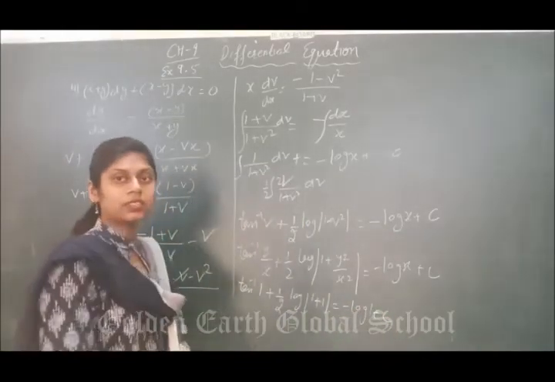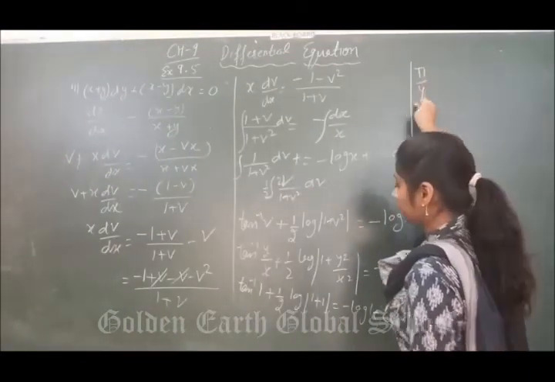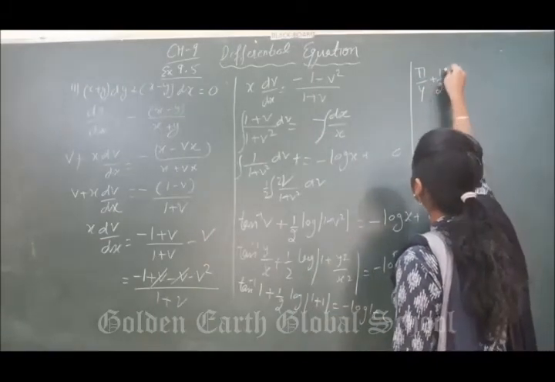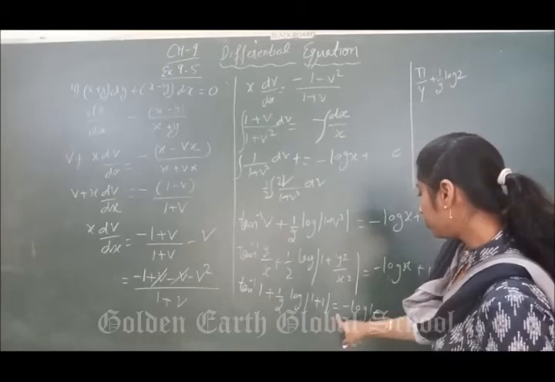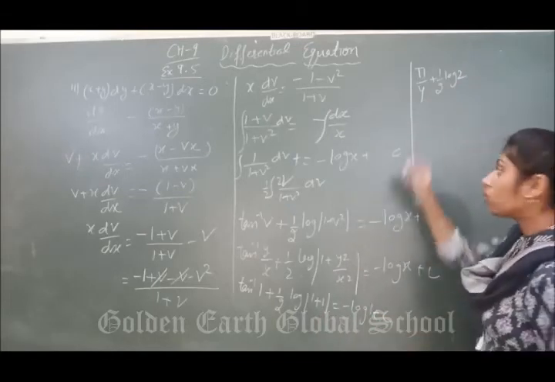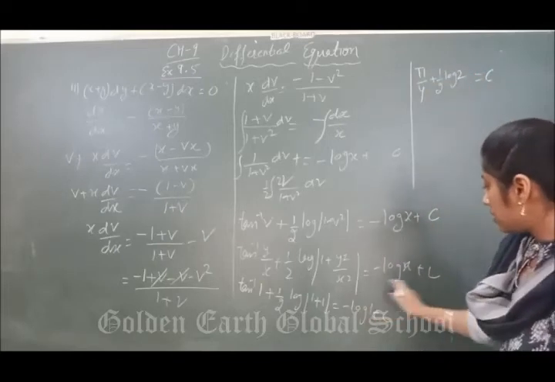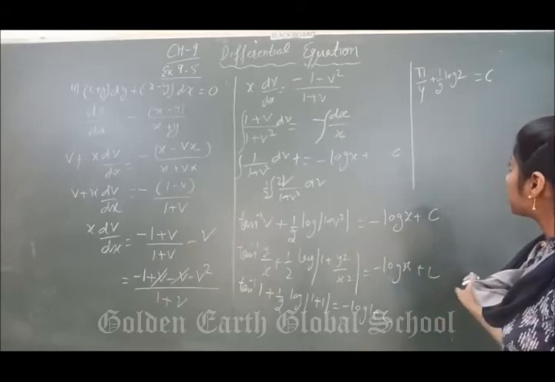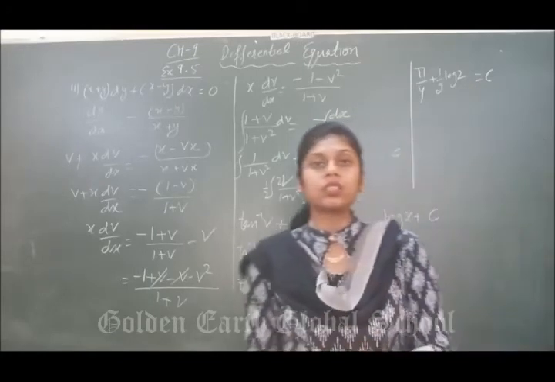Tan inverse 1 is pi/4, plus half log 2, equals log 1 which is 0, plus c. So this is the value of c. Replace it in your solution: c = pi/4 + 1/2 log 2. So this is your particular solution.